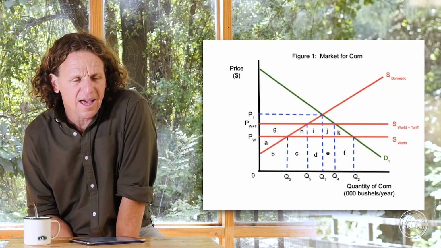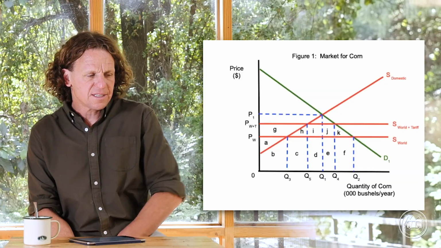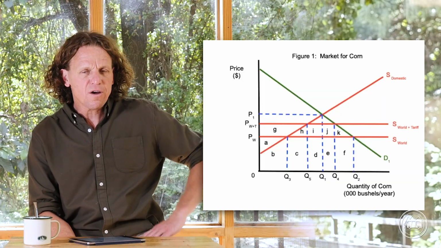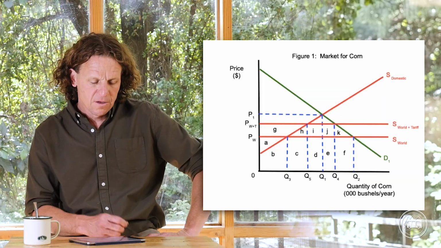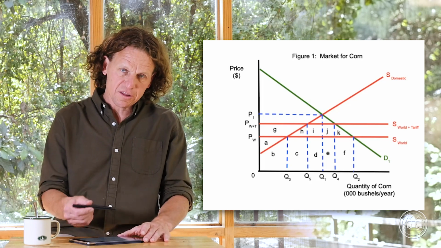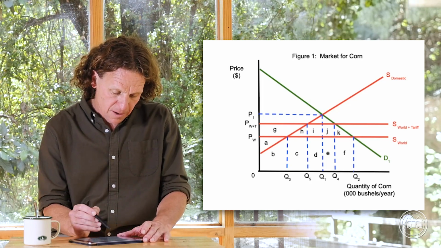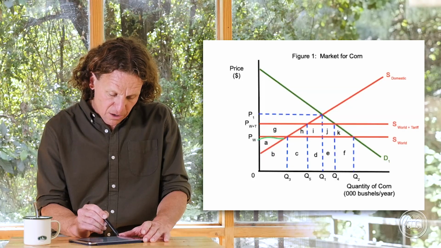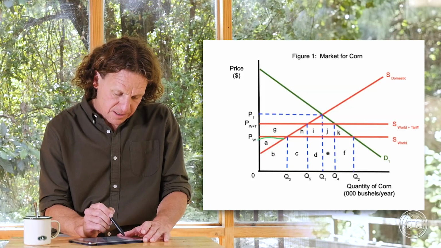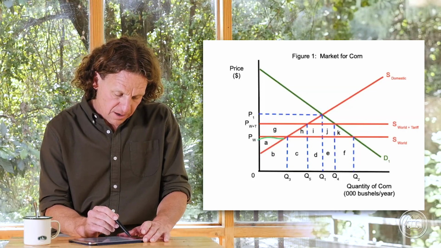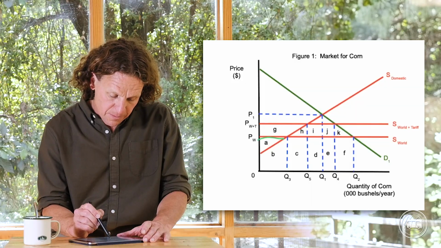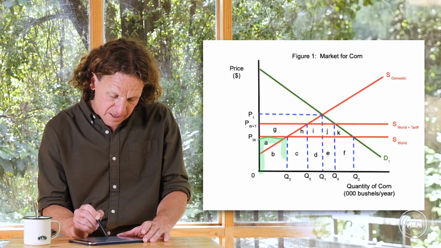When you go about looking at these diagrams, you have to look at where the revenue is coming from. As we saw on the previous slide, this is the revenue that is being earned in the United States. This is coming from inside the United States.